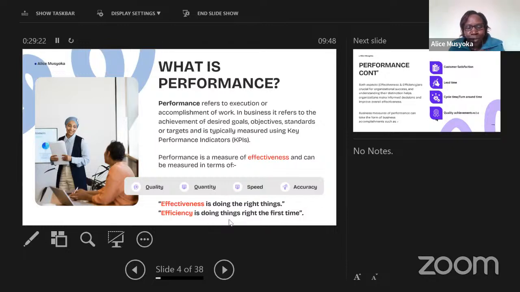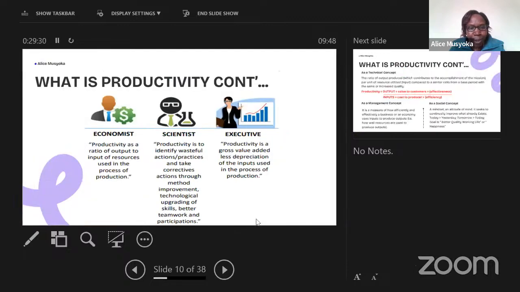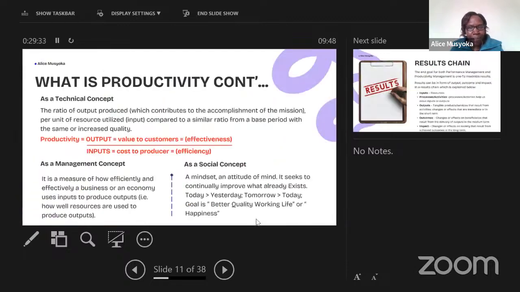We are not seeing the element of cost coming in. But when it comes to efficiency, when it comes to productivity, the element of cost pops up. And that is what differentiates. It is the main difference between measuring performance and measuring productivity. I hope that is clear.